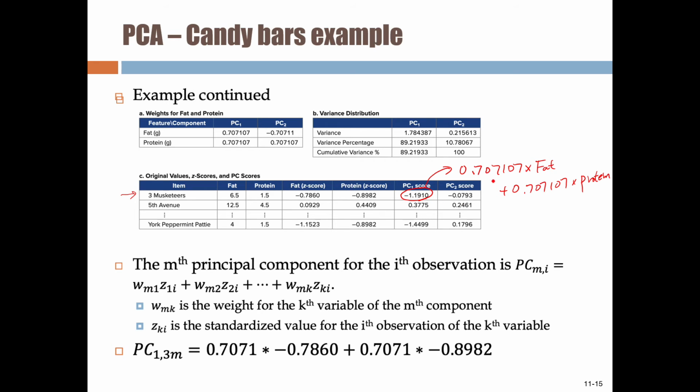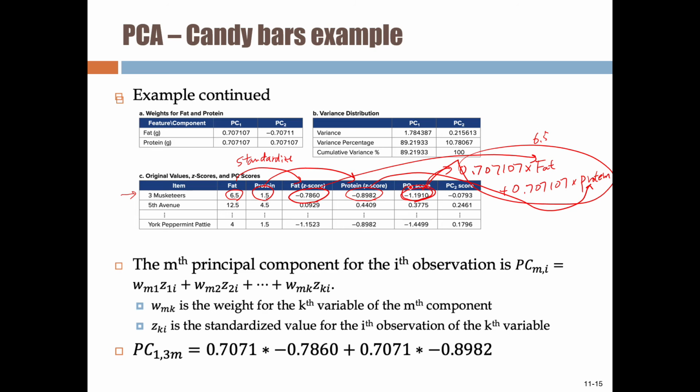But actually, before this we use standardization. So for fat, which was 6, we are not putting in this 6.5 or 1.5; we use the standardized value. We also standardize the protein, and this standardized number goes into the fat term and this standardized protein goes there, and this calculation will be the PC score 1.